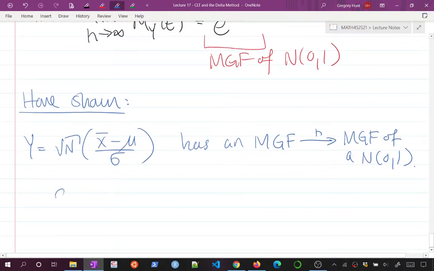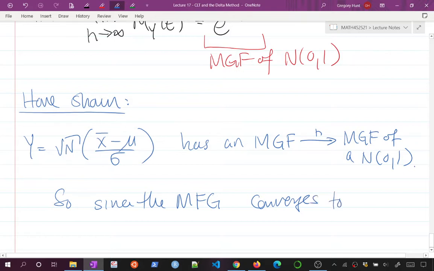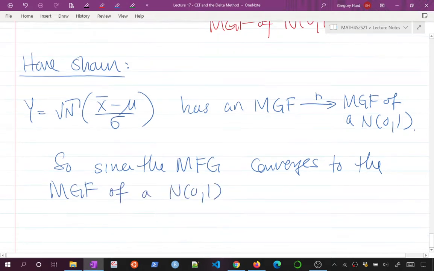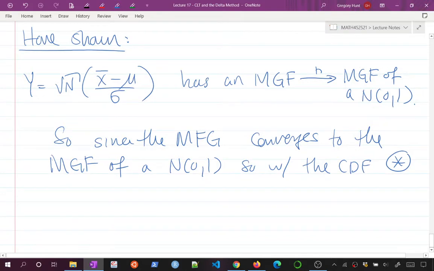And so since the MGF of Y converges to the MGF of a standard normal, so will the CDF. And this is a theorem that's beyond the scope of the course, but we only really need it for this one theorem: if the MGFs converge, so will the CDFs.